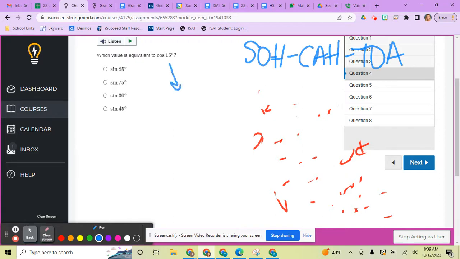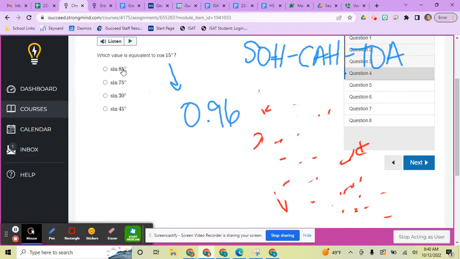So I get that this is approximately 0.96. If I do the sine of 85, I get 0.99. I'm just doing this right on my calculator. If I do the sine of 75, I get 0.96. So I'm thinking it's going to be this one, but let's just check the other ones. If I do the sine of 30, I get 0.5. And sine of 45, I get 0.7. So it's going to be this one right here.